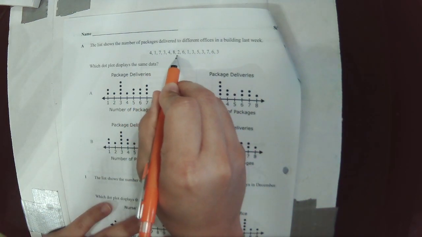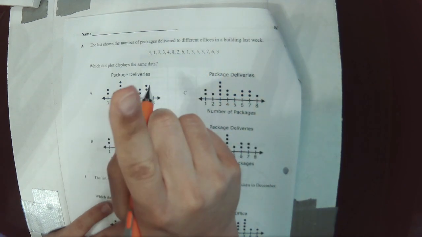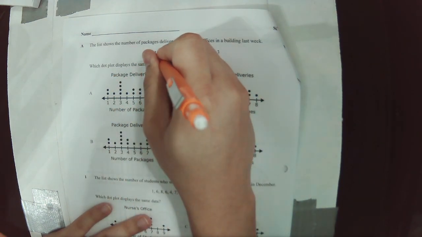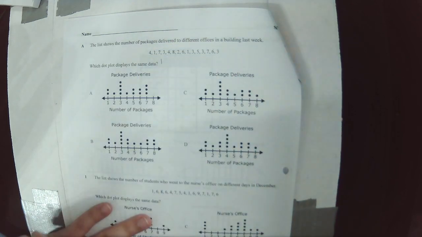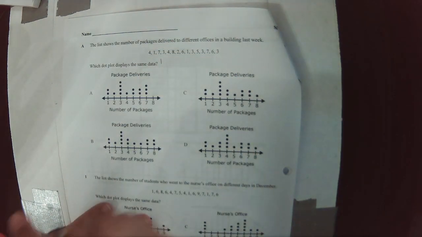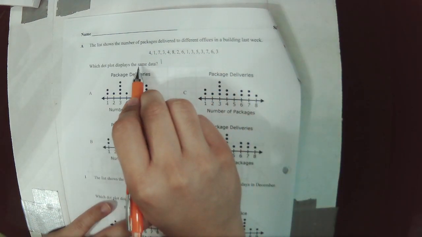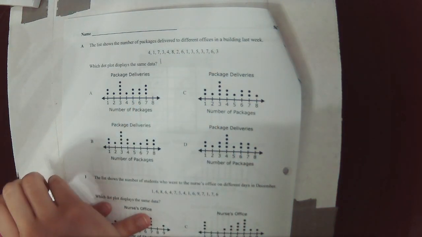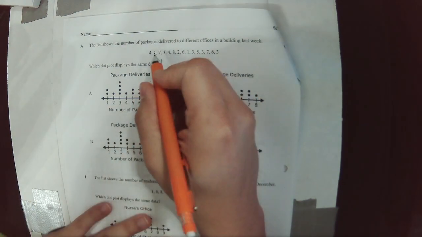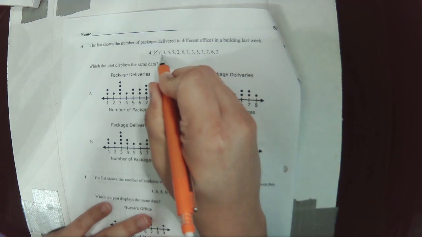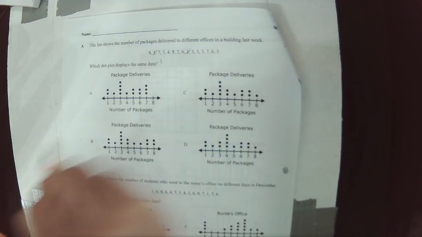So the lowest number I see on here is 1. Now I'm going to see how many times I find the number 1. 1 time, 2 times.